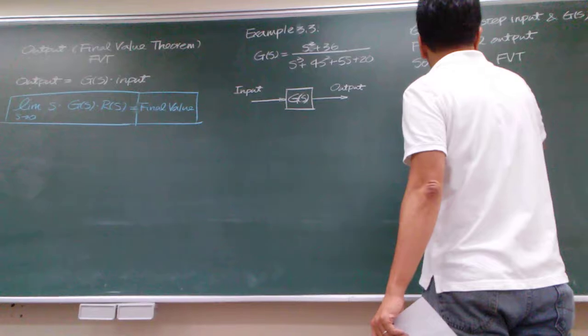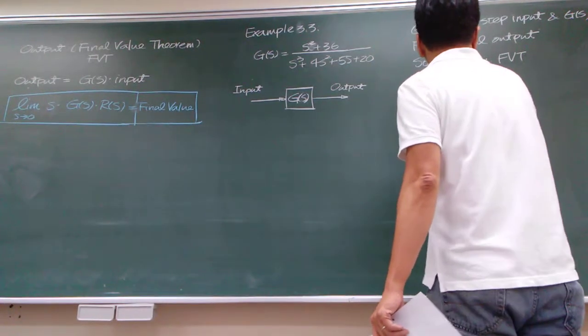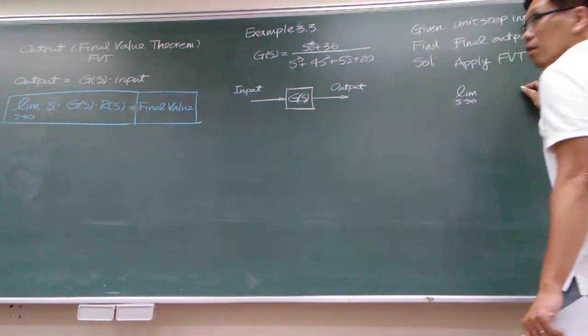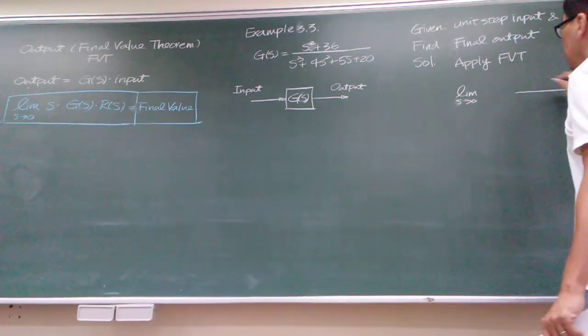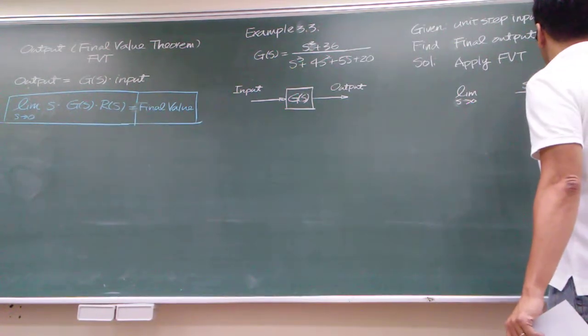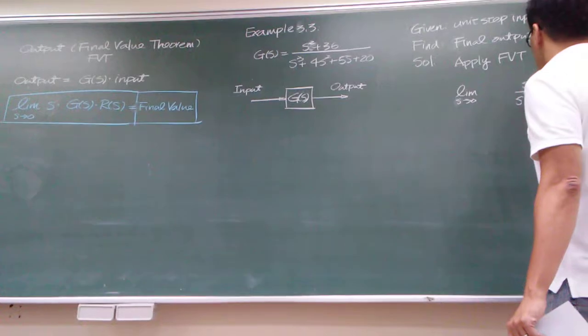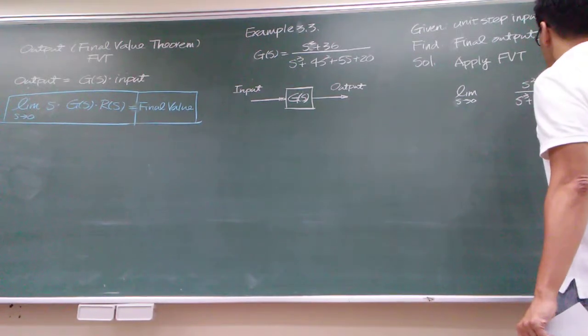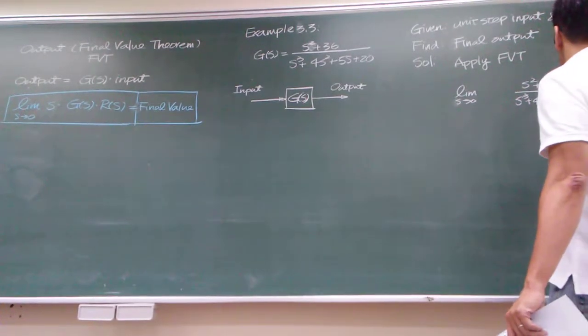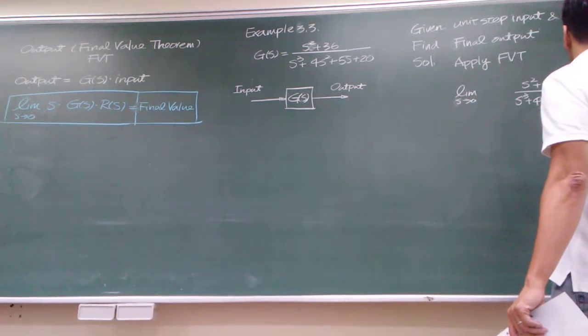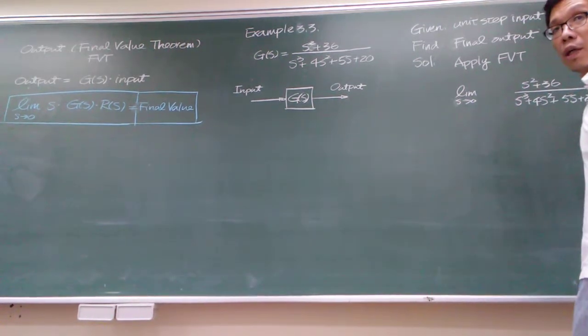So, let's start from something like this. We are having S squared plus 36 over S cubed plus 4S squared plus 5S plus 20. What do I need to multiply?